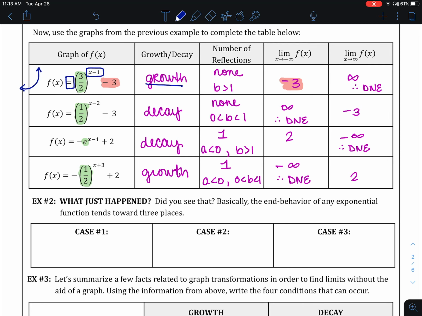We see that b is less than 1, so we know it already started as decay, right? And we're going to sketch that over there. We look at this value here, the x value is positive, and the 1 in front of our function is positive. And so we're going to stay decay.